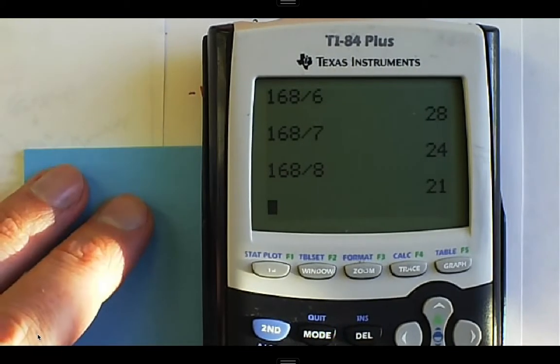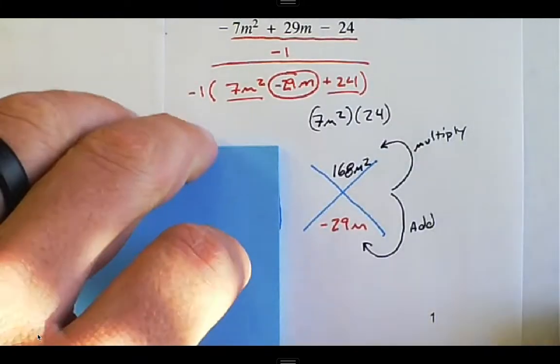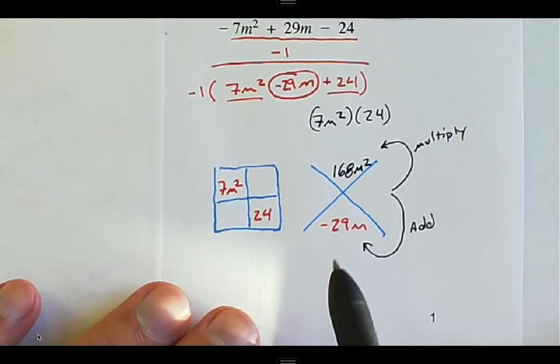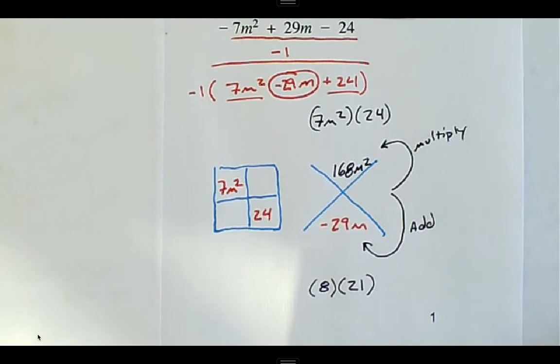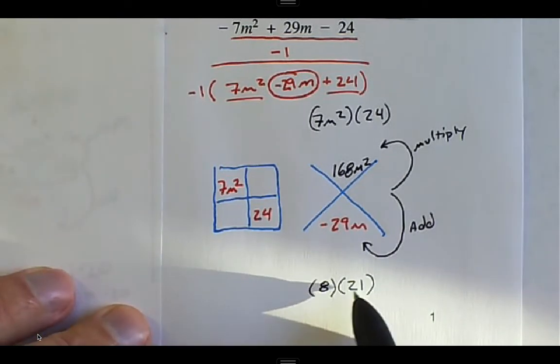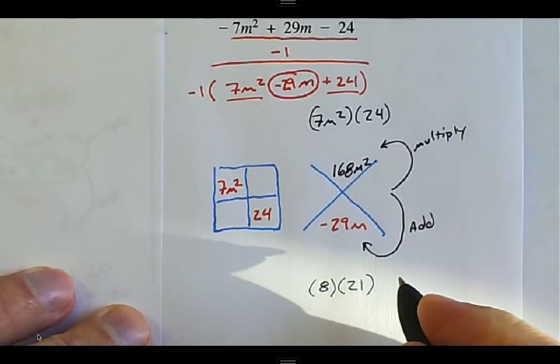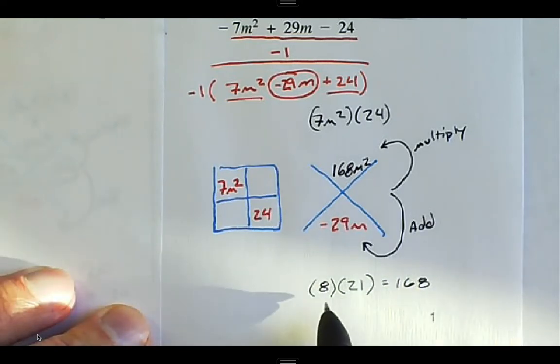So let's check and see if that works. We have 8 as one of the values that we're going to check, and 21 is the other. 8 times 21 is 168, but if we add those together, that's not negative 29.